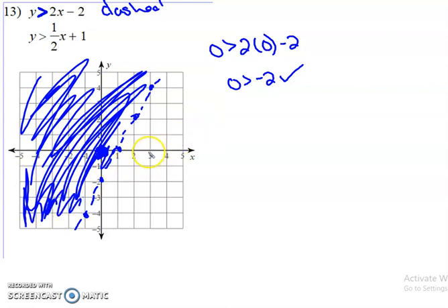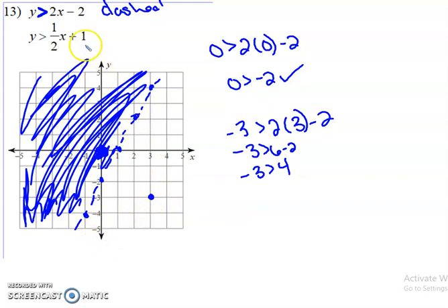If you plugged in any point over here, like 3, -3, -3 greater than 2 times 3 minus 2, all I did was pick this random point right here. -3 greater than 6 minus 2, -3 greater than 4, no. So that side can't be true because that point is not a solution. So you can pick any point and check it for whether it's a solution or not. Let me erase this stuff.